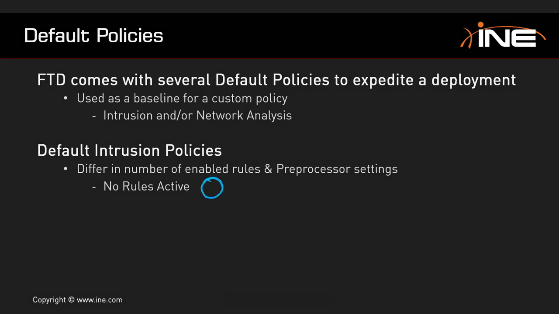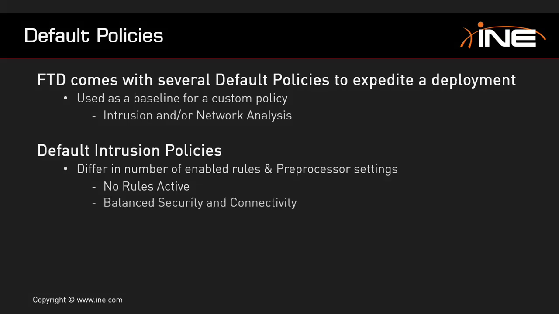In this case, we don't use any of the signatures. So this is what you will use if you don't want to perform any type of intrusion detection or prevention. We have the balanced security and connectivity template. And this, as you can imagine, provides a trade-off between security and connectivity. And this is actually a recommended option for most of the deployments.